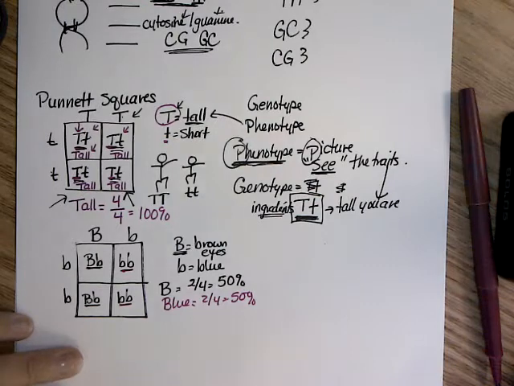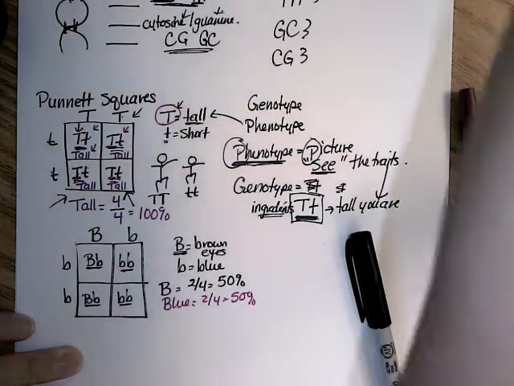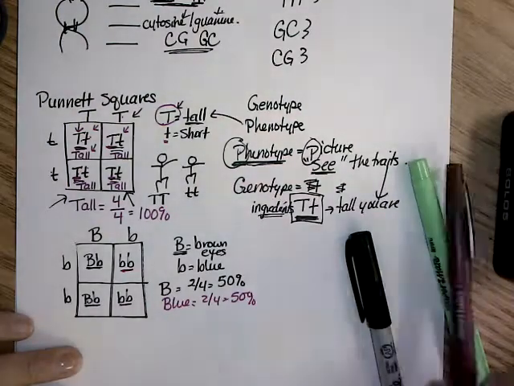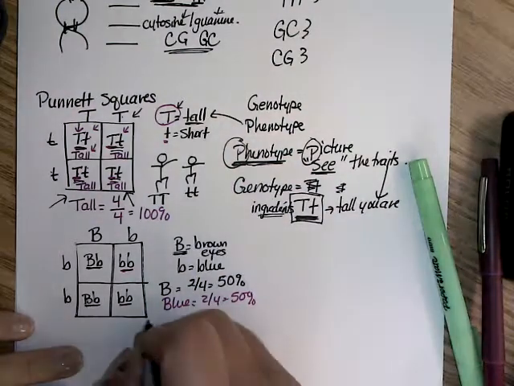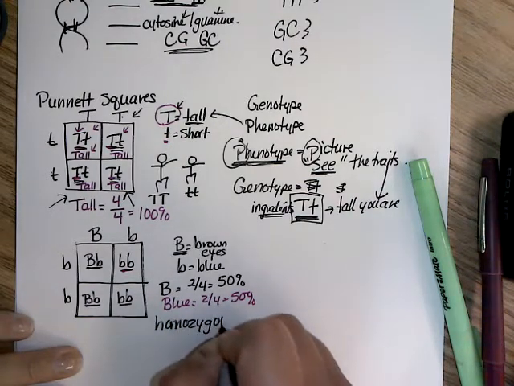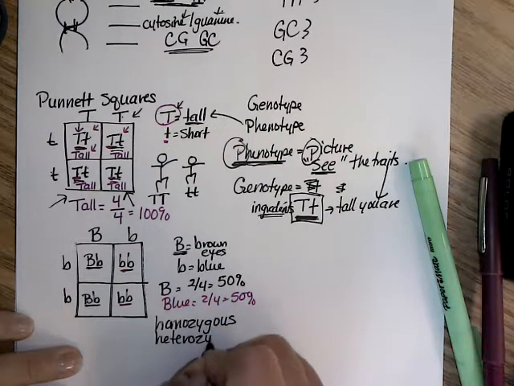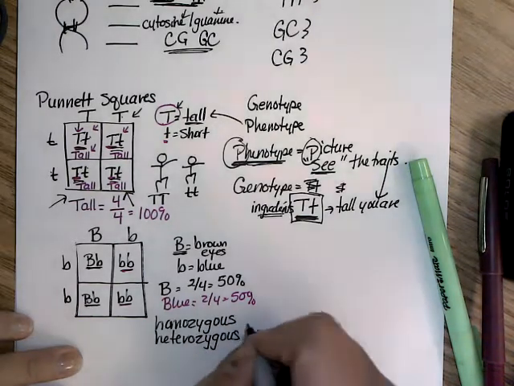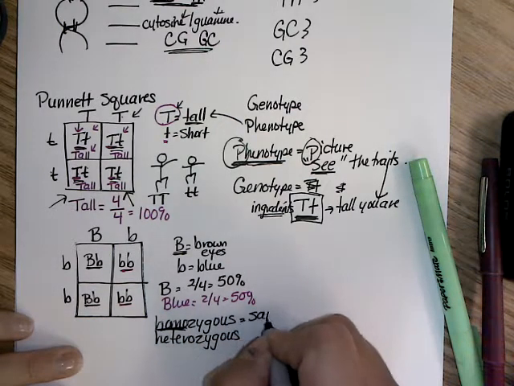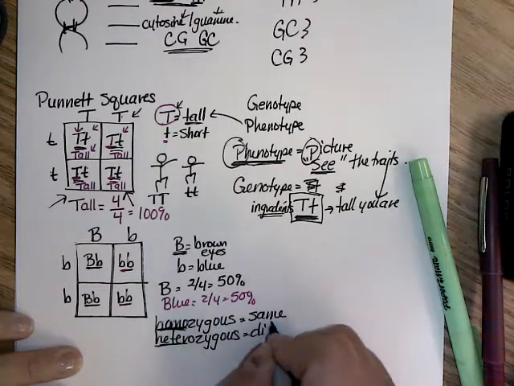Okay. Now, another thing to kind of mention is you might see some crazy words such as homozygous and heterozygous. Okay, think of homo as meaning the same. Hetero means different.